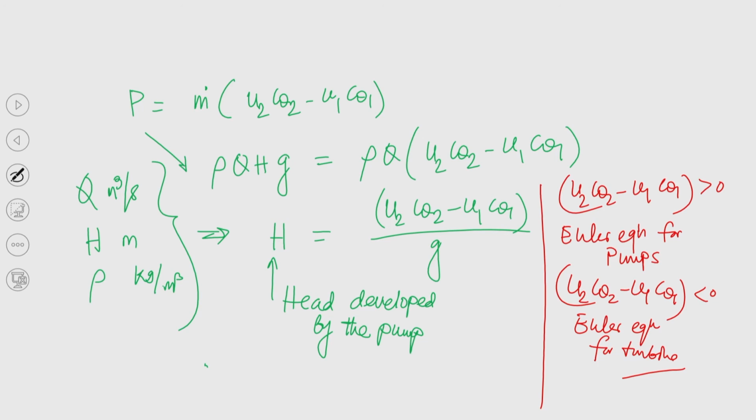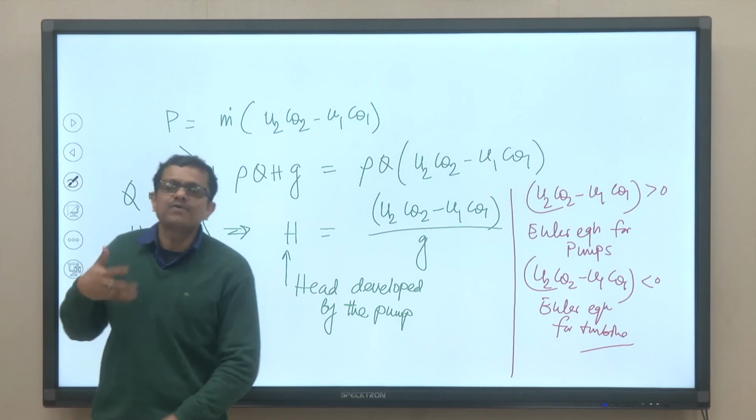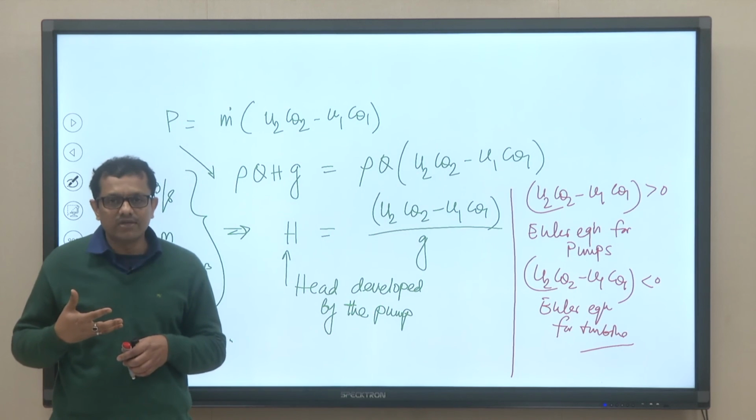quantity. Fine. Finally, you should know that the head developed by the pump, which is written over here, that the expression of the head which is written over here is the ideal head, because again I am telling, we have taken a few assumptions, that is one dimensional flow theory.